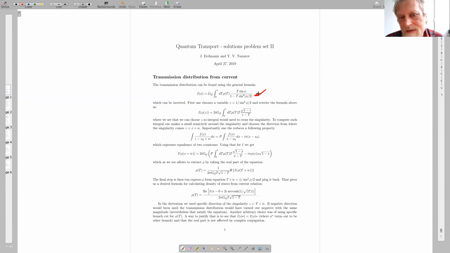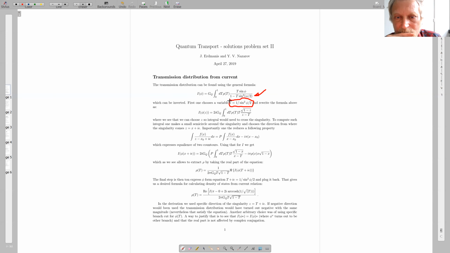Right, and that can be achieved just by a variable change. So we consider a variable, which is like this, and substitute it here.